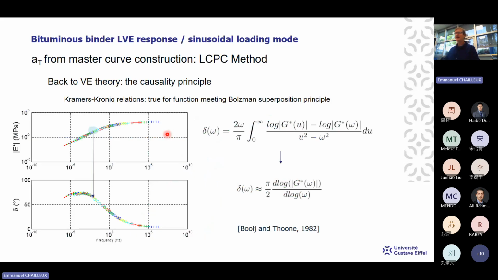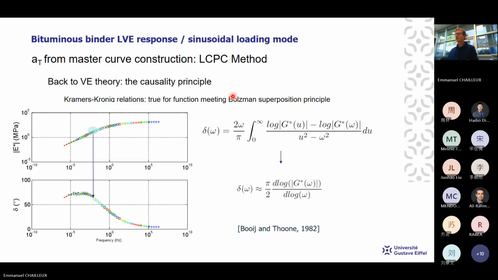For that, we can use what we call in viscoelasticity theory the causality principle. The causality principle is defined in relationships established by Kramers-Kronig. And these Kramers-Kronig relationships are true for functions meeting the Boltzmann superposition principle, or in another way, the time-temperature superposition principle.